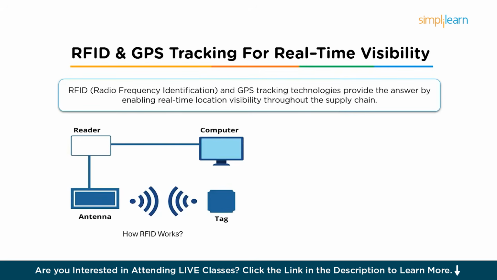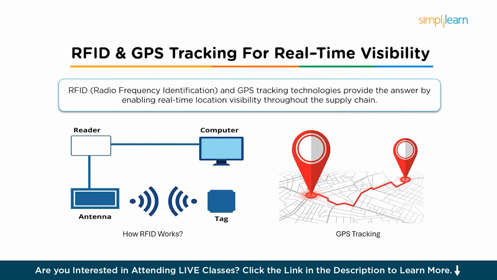This system reduces human error, improves inventory accuracy, and speeds up processes like receiving, picking, and shipping. Unlike barcodes, RFID tags don't require line of sight scanning, enabling batch reads and seamless automation. As for GPS tracking for transportation, GPS tracking devices provide continuous updates on vehicle location, speed, and estimated arrival time.